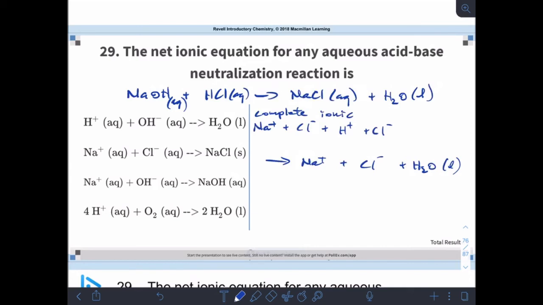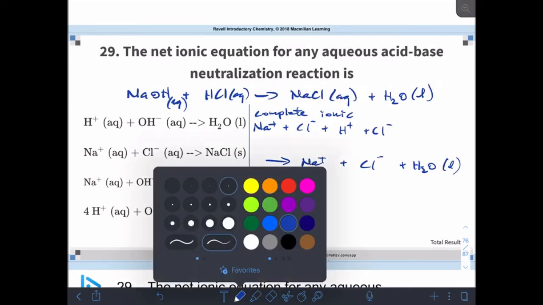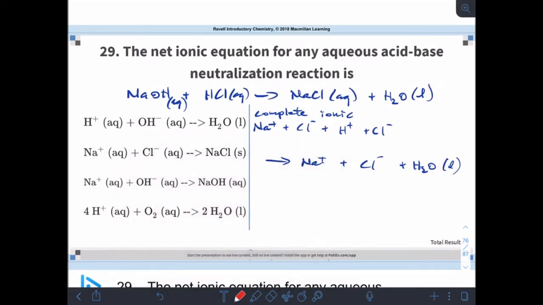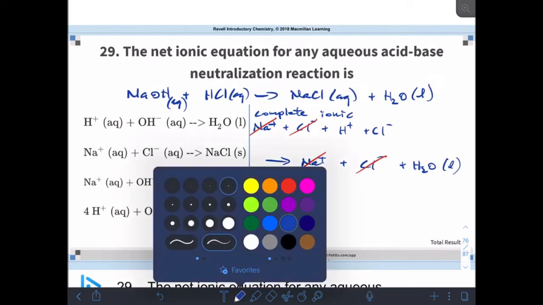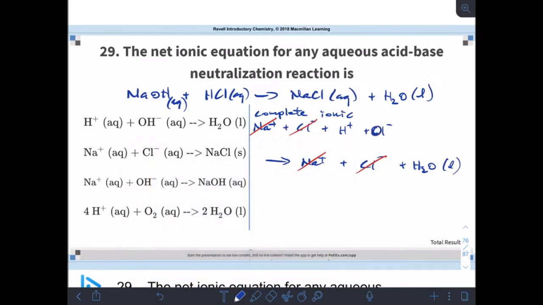All right, so what I'm going to do is go through and get rid of all the stuff that's the same on both sides of the equation. So Na plus, Cl minus, Cl minus. And looking, I don't have any H plus all by itself on the, oh, I made a mistake there. This should be OH minus.